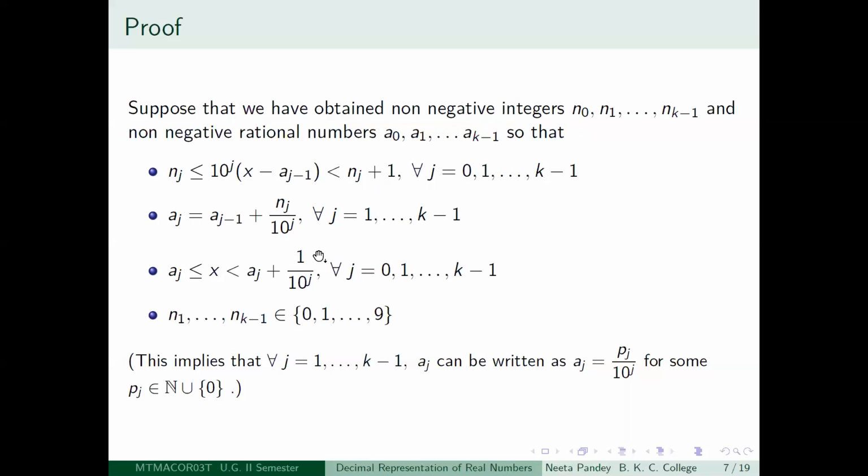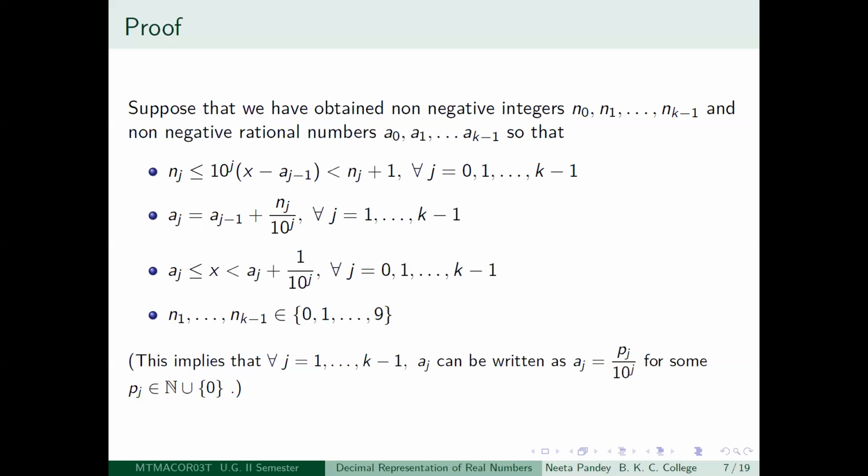So if you take the common denominator 10 to the power j, you will get some numerator which will be a non-negative integer. It could very well be 0. So you can write each aj as pj divided by 10 to the power j, where pj is some non-negative integer. This is an observation which will be useful.